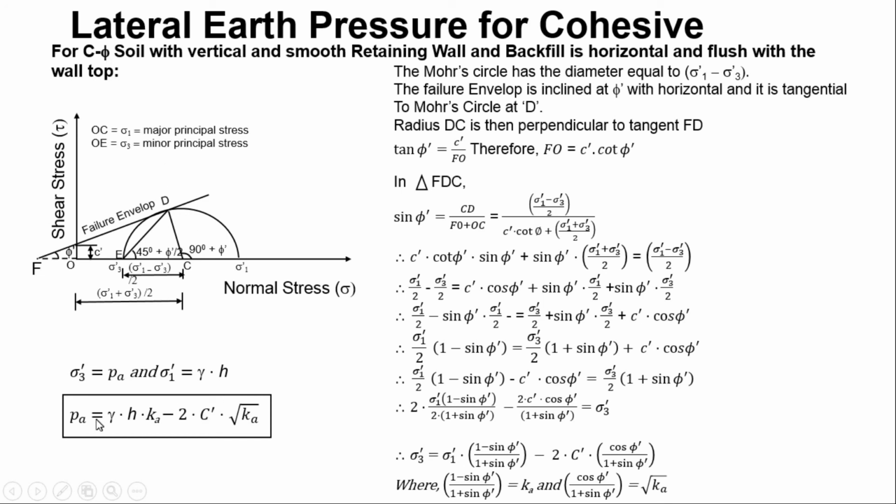Therefore, the ultimate expression for lateral earth pressure in the active state at any height we can write as Pa is equal to gamma into H into Ka minus 2c dash into root Ka. I hope after viewing this lecture it is clear to you how to find the lateral earth pressure in case of cohesive soils, which have both cohesion as well as angle of internal friction.